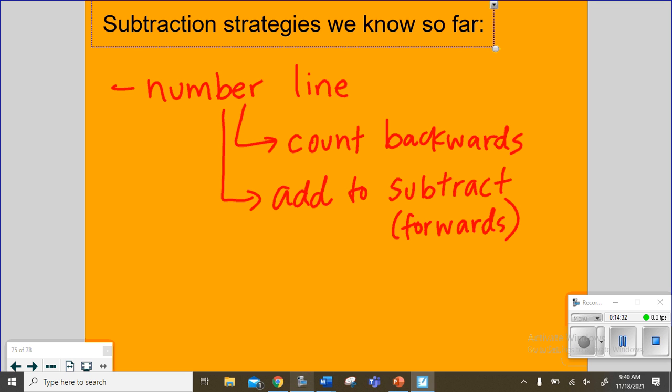I saw some of you on your pre-test use some base 10 drawings. So you might have said, I've got 132, and I need to subtract 21.